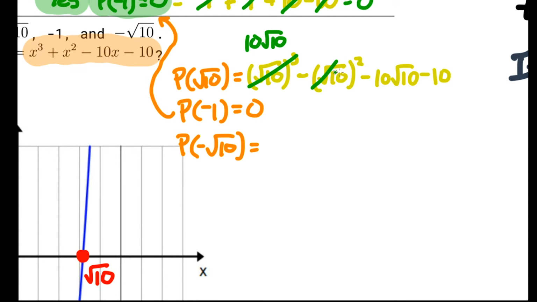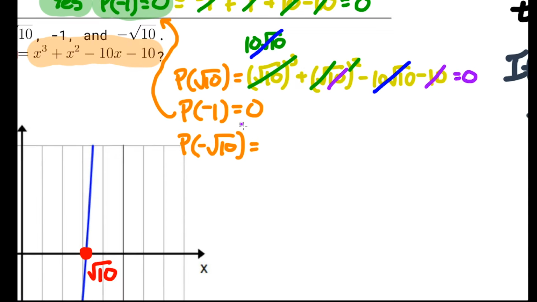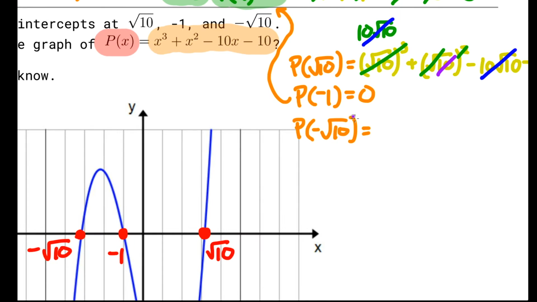This one is going to cancel and just be 10. So this 10 root 10 and this 10 root 10 cancel, and then 10 minus 10. This is supposed to be a plus. And then this 10 minus 10 is going to make this equal to 0. So p of the square root of 10 does check out.